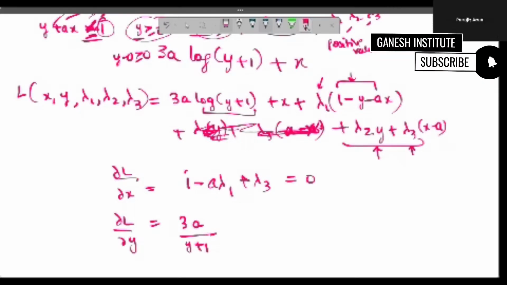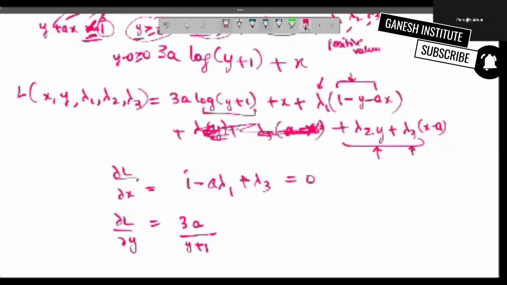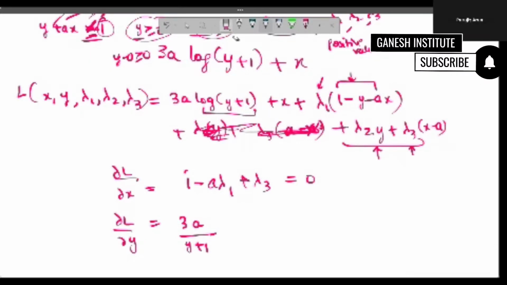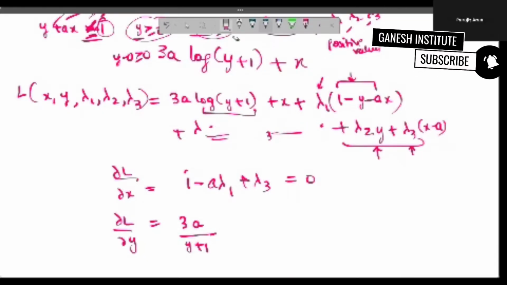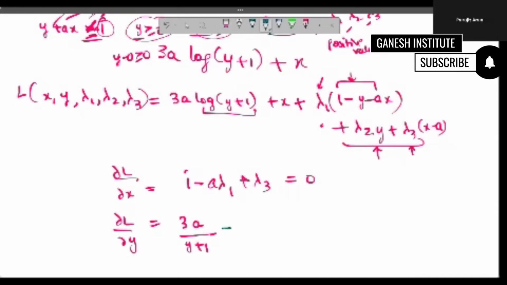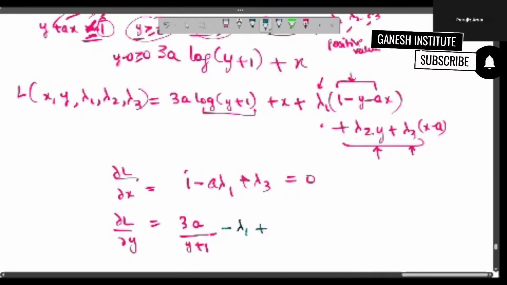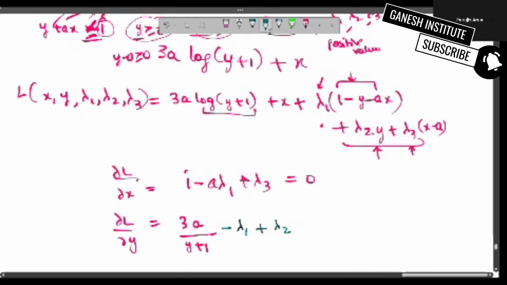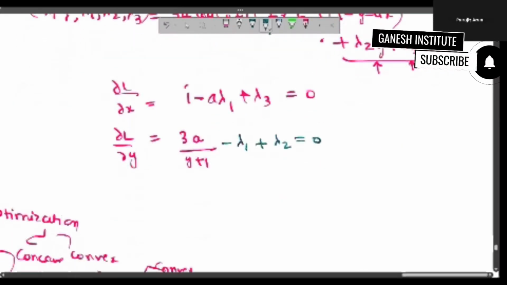Then 3a divided by y plus 1, minus lambda 1, plus lambda 2. That's it, equal to 0.